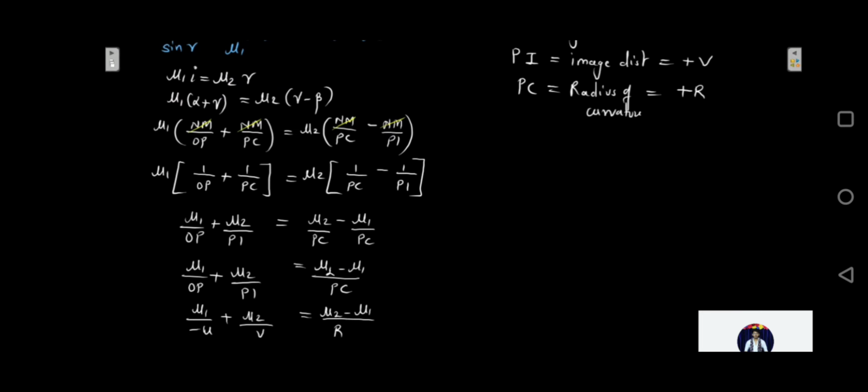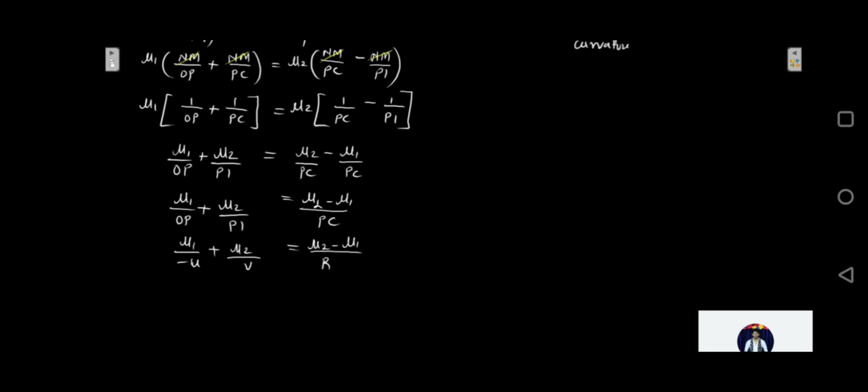So the final expression you are going to get over here is mu2 upon V minus mu1 upon U is equal to mu2 minus mu1 upon R. So this is the expression for refraction at a spherical surface, which gives you the relation between object distance, image distance and radius of curvature in terms of refractive indices mu1 and mu2.